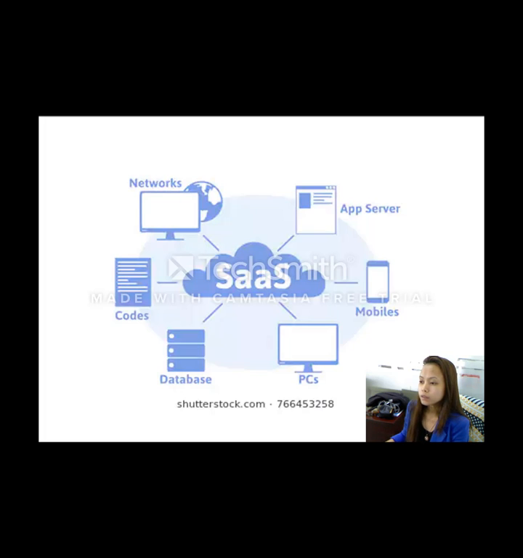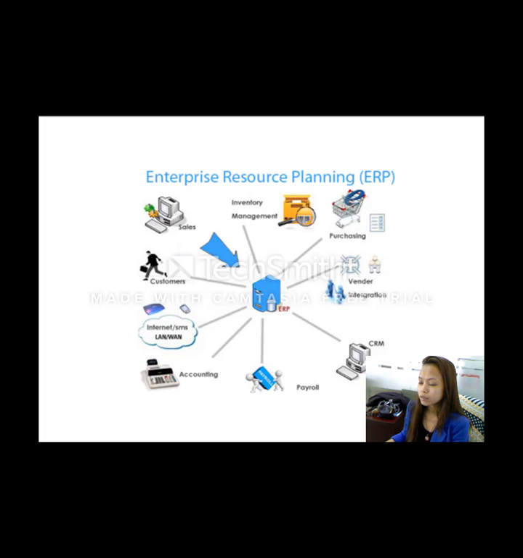This means that companies that need to store additional data or require access to additional processing power can get that excess capacity using a cloud software as a service or SaaS, or an internet-based enterprise system instead of needing to invest in IT hardware.